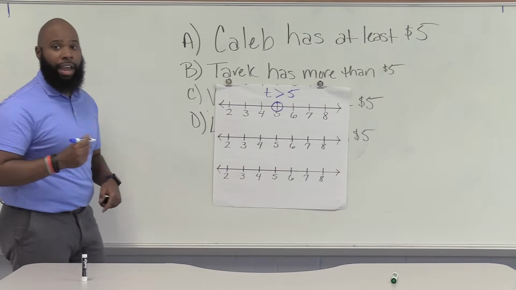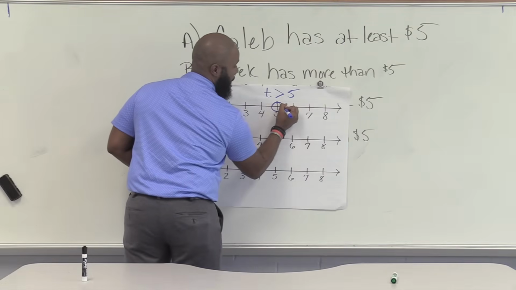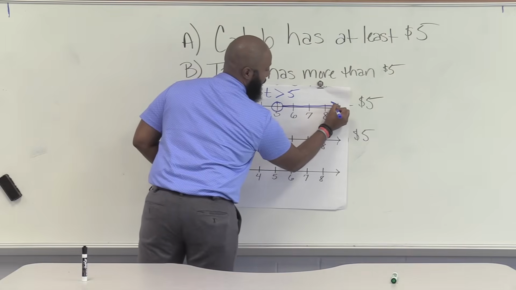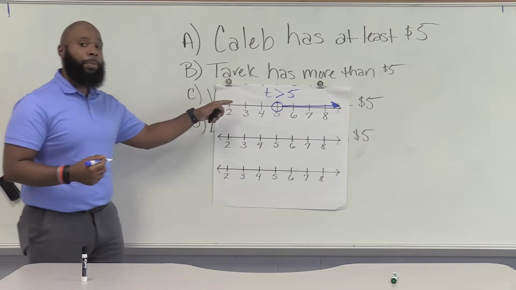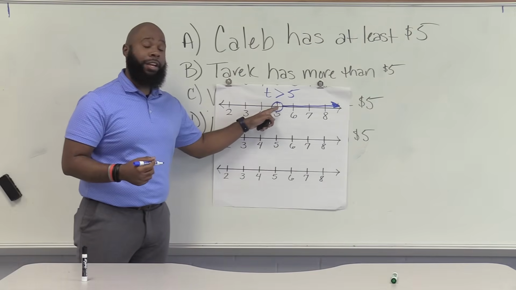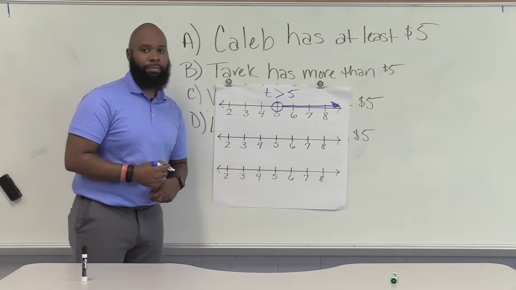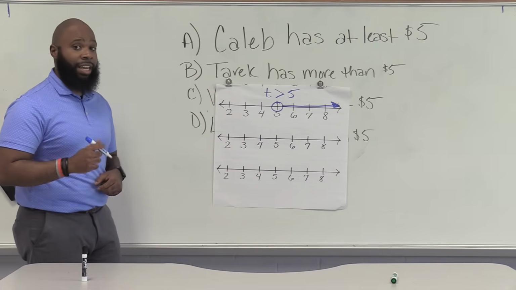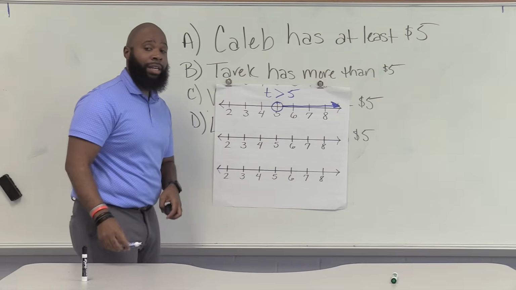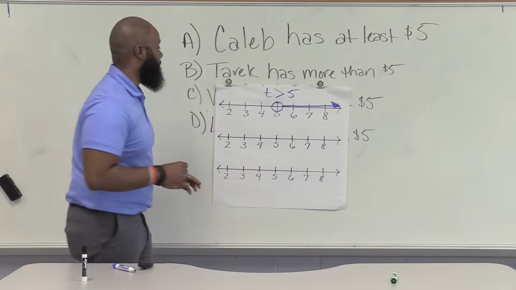Then I'm going to do everything to the right of 5 because everything to the right of 5 is going to be included in my solution. This open circle lets me know that it's going to start here, but it's not included in my solution. Got that? Let's look at Vanessa's. We're going to write an inequality and draw a number line for Vanessa's situation.